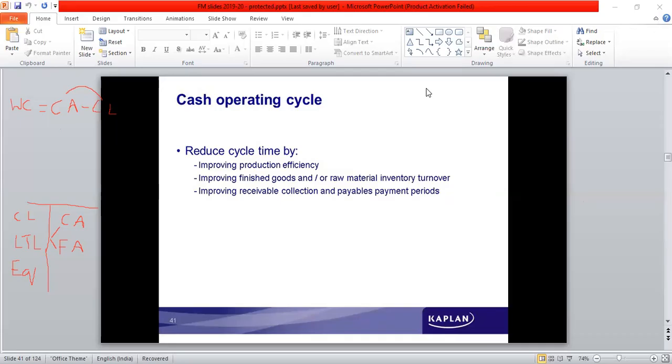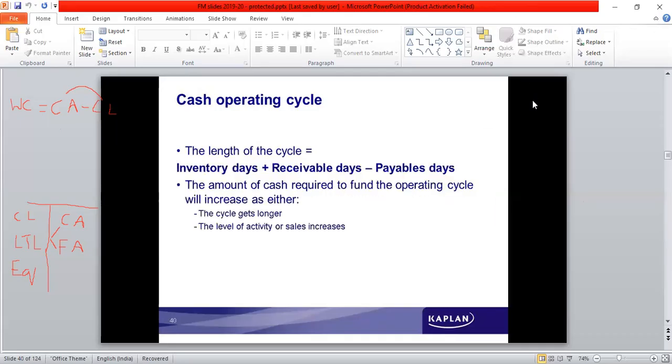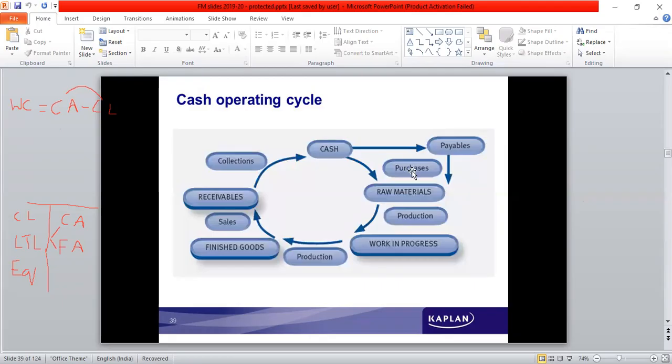Okay. If they do not take longer periods of time to convert the raw material, in some way they will be able to save the time. So if this is shortened, after that, why are they selling it on credit basis?